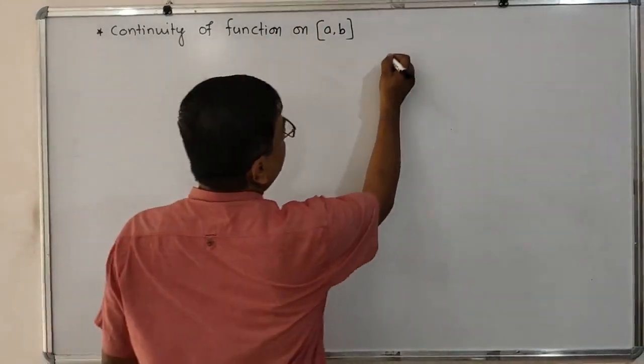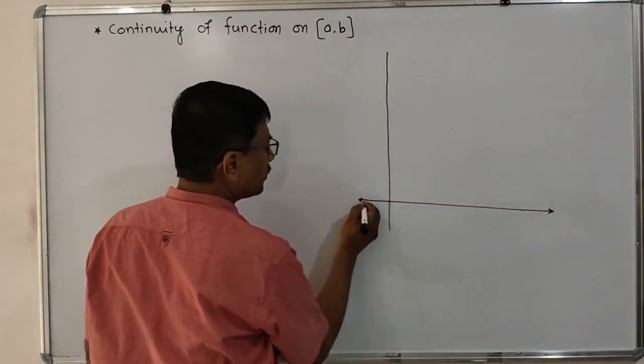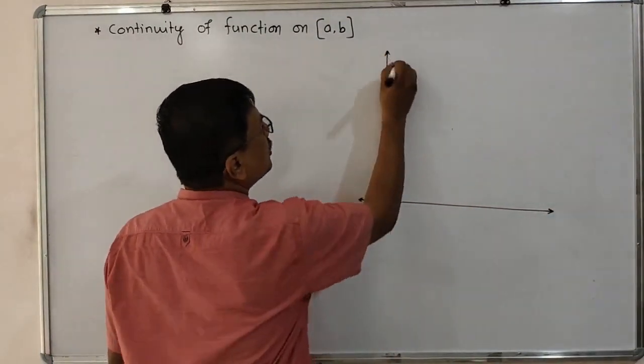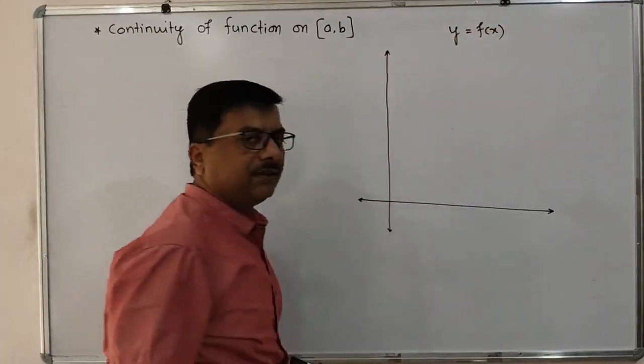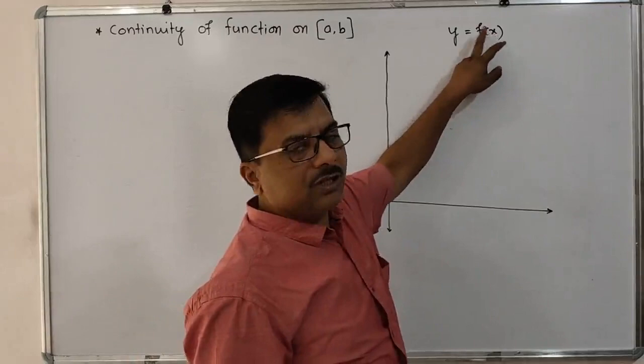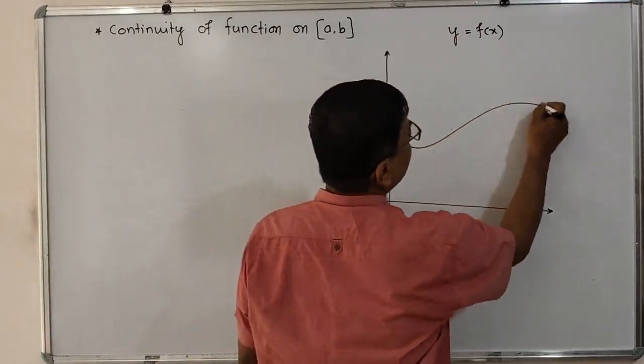We know that every function has some graph. When we consider any function y is equal to f of x, then for every value of x there should be a value of y. It means it has some graph.